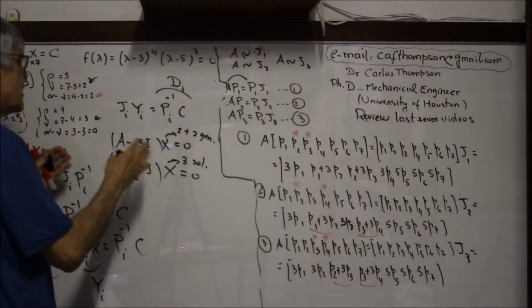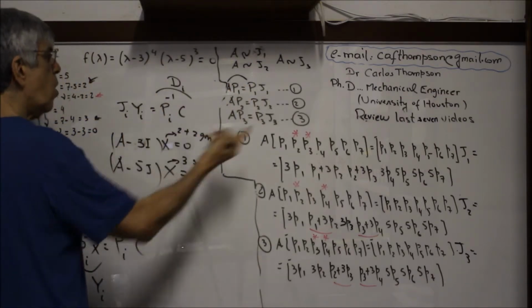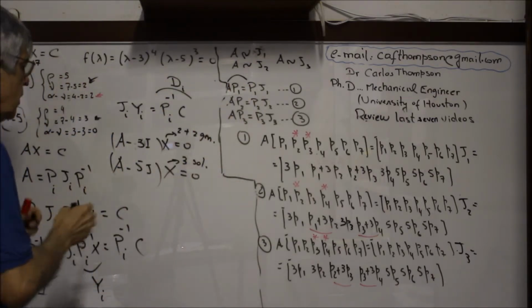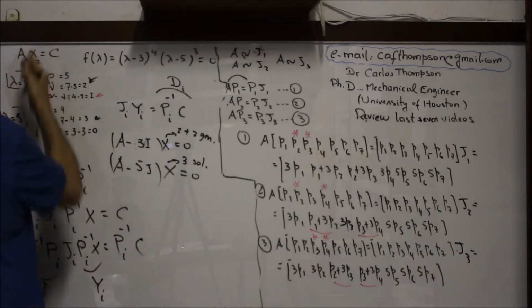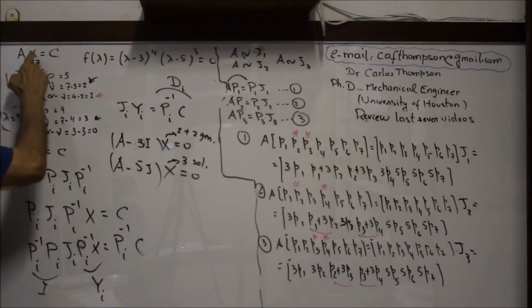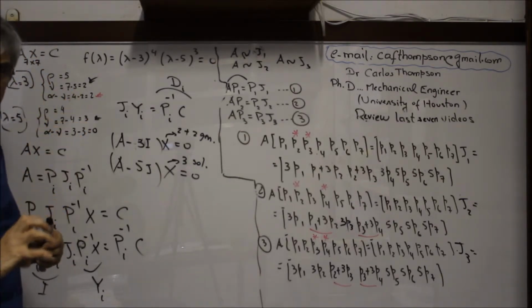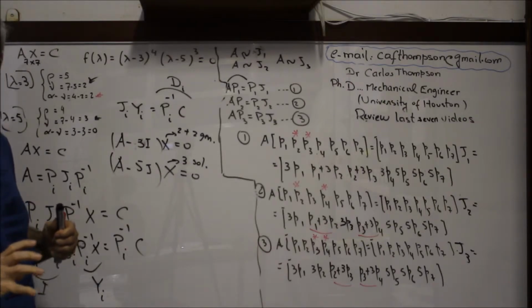You see, as I said, i is 1 or 2 or 3. No, just 2, see this. Then I'll solve my equation. You see, the unknowns are x1, x2, x3, x4, x5, x6, x7.